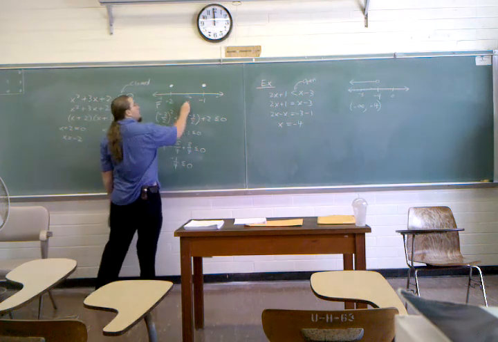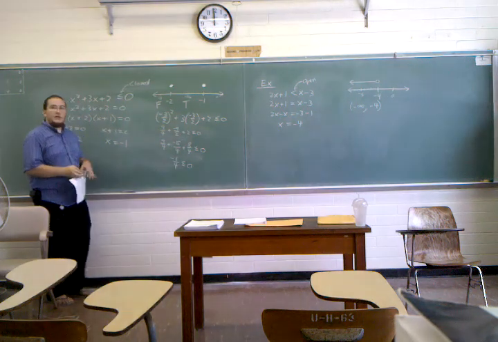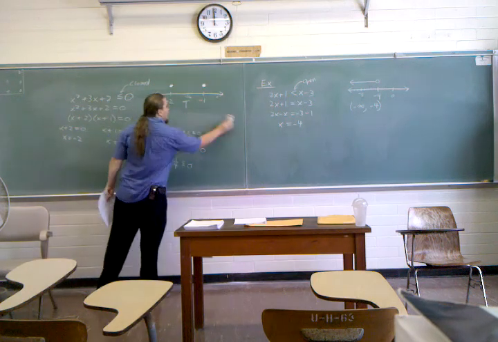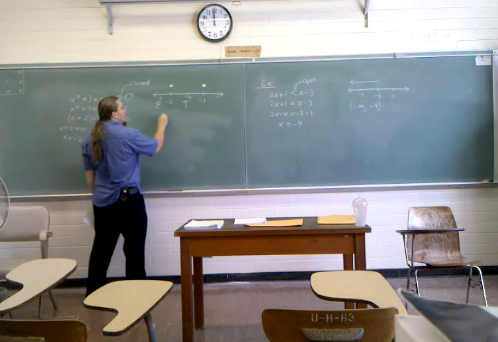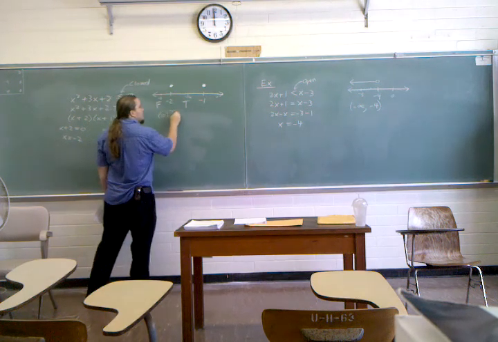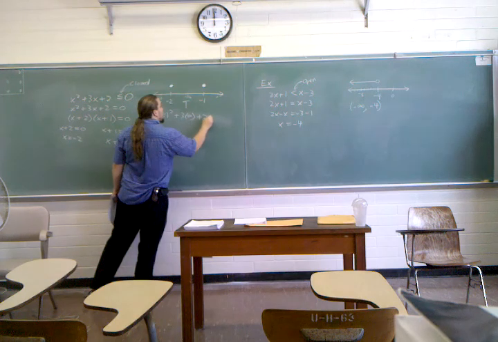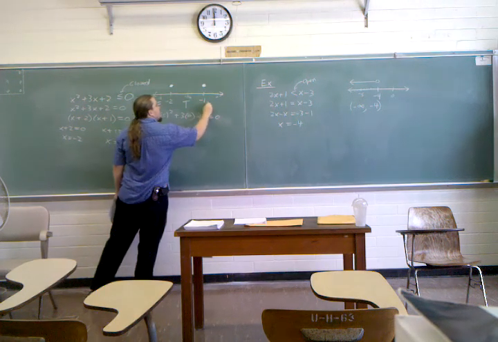This is true. And then, of course, the last one, 0 squared plus 3 times 0 plus 2 less than or equal to 0, which is false.